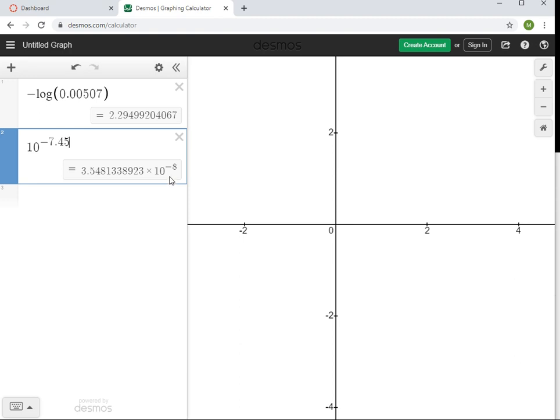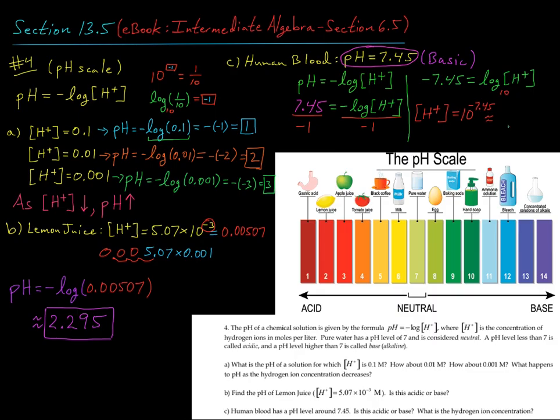It's about 3.548, and then it was times 10 to the minus 8th here. So this would be saying move this decimal place to the left 8 spots. So very small number there, right? Okay, that's going to do it. That would be our hydrogen ion concentration. Okay, thanks so much.